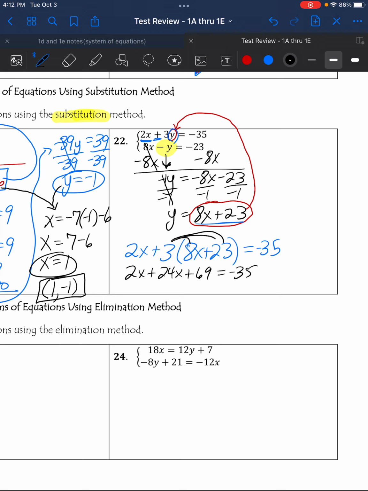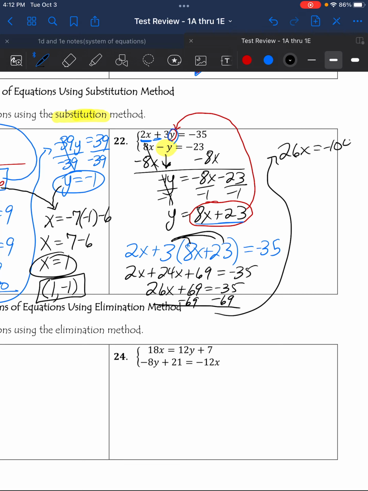Equals negative 35. Combine your like terms on the same side typically, so 2x plus 24x is 26x. And then combine your like terms on opposite sides of the equal sign, so when you're doing the opposite side, you do opposite signs. So you get 26x equals negative 104?